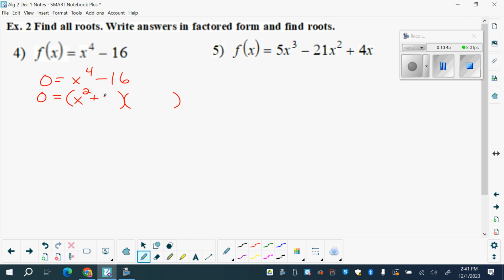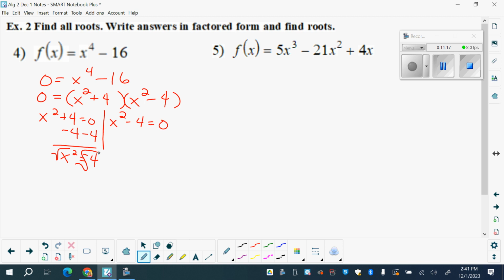X squared plus 4, x squared minus 4. Does that make sense? Okay, so now we're going to use our zero product property. X squared plus 4 is 0. X squared minus 4 is 0. Isolate our x squared. And we get negative 4.